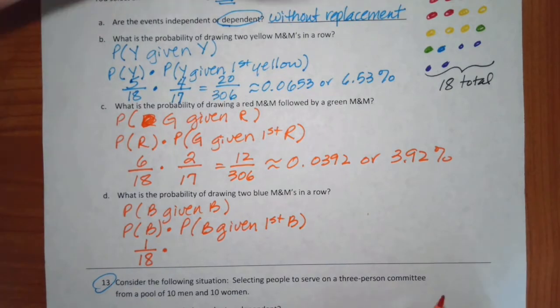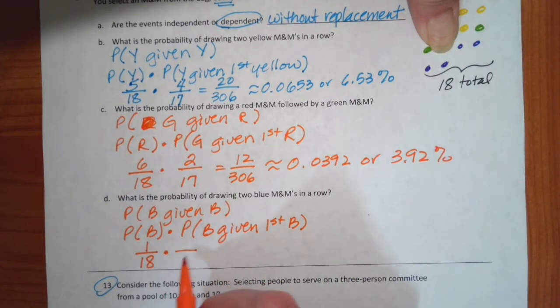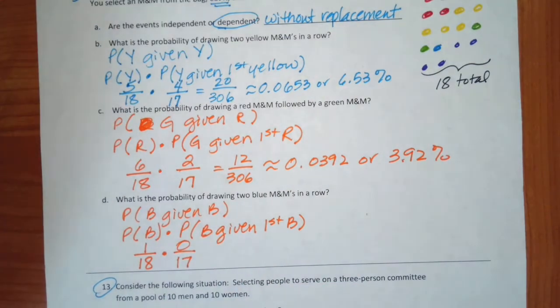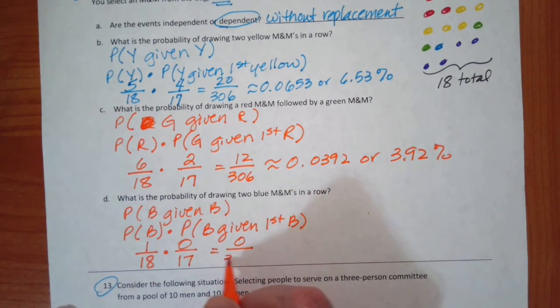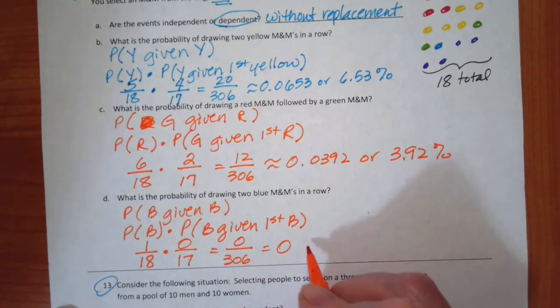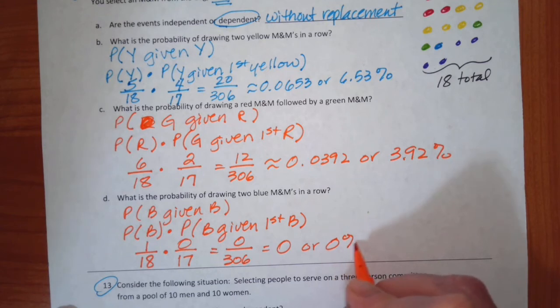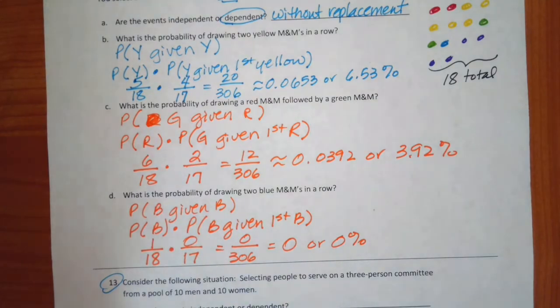But let's say now that I eat it. Oh, and I should have put it on the end. There are only 17 remaining, and there are no blues. So this becomes 0 out of 306, which is 0, or 0%. It can't happen. There's no way you can draw 2 blues if there's only one in there and you've taken it and eaten it.